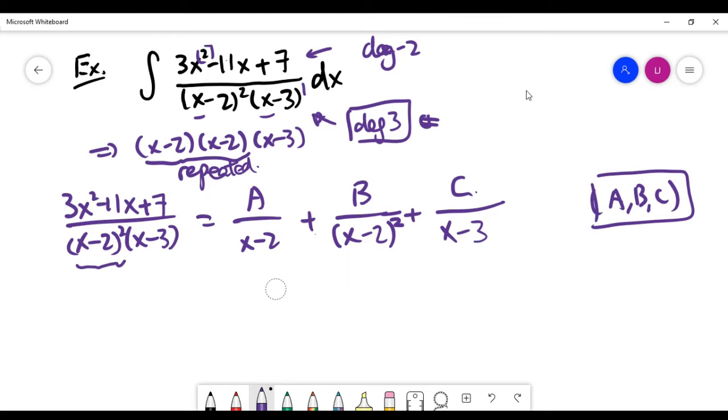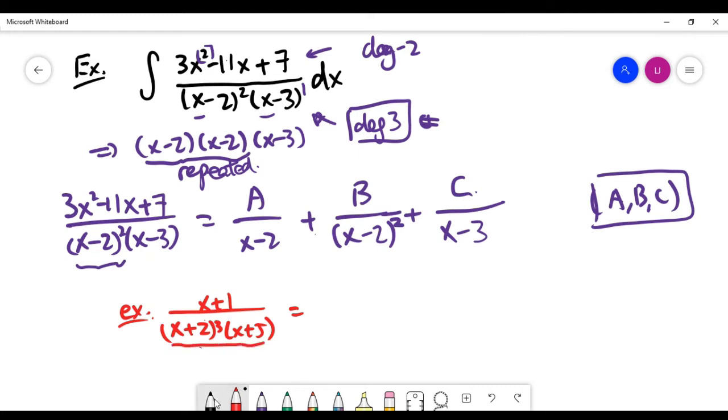But for now, just to give you more examples, please look at the red color. In this case you have 4 degree 1 factors in the bottom, and x plus 2 is repeated 3 times. You now need 4 fractions because you have 4 factors, right? So let me write down all the 4 factors first.